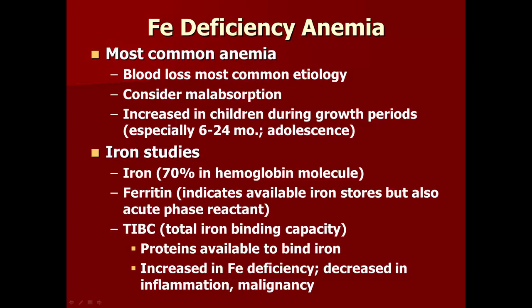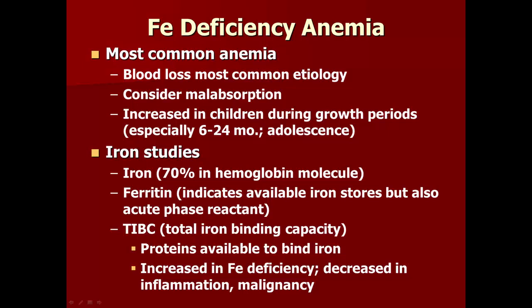Now, remember, ferritin is telling you about your iron stores, and it tells you about the availability of those iron stores. However, ferritin is also an acute phase reactant. Because it's an acute phase reactant, which is an inflammatory indicator, you have to use it with caution in individuals who have either an acute inflammatory process or a chronic inflammatory process going on.